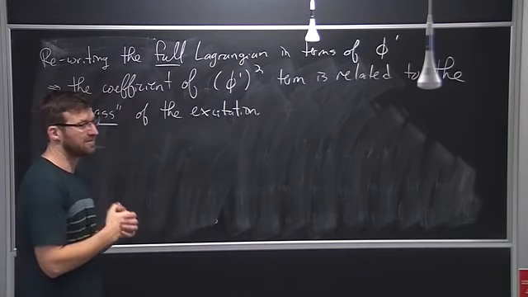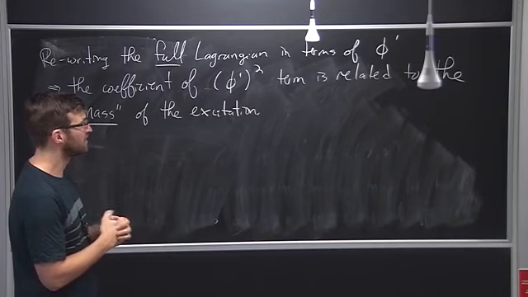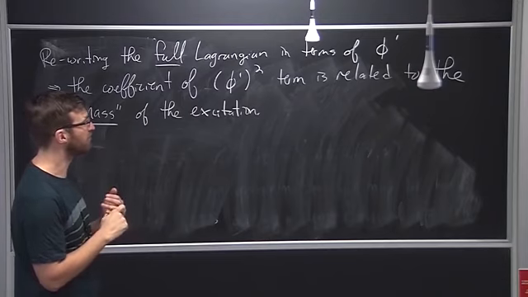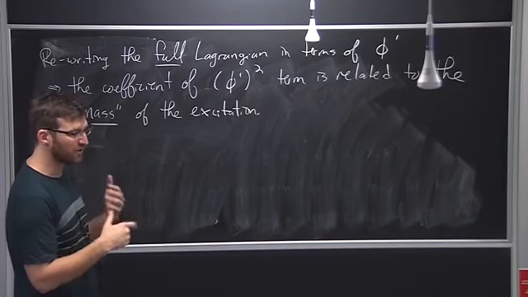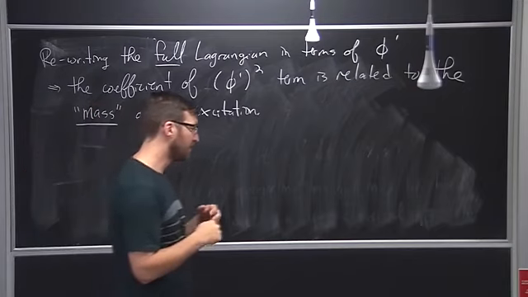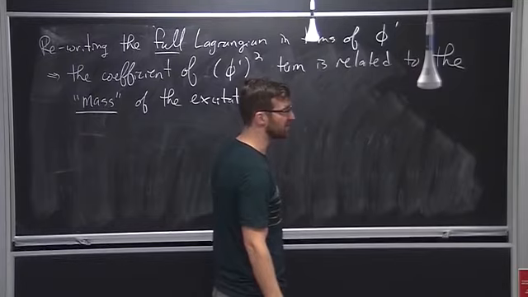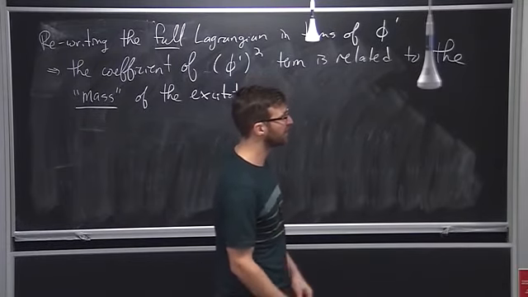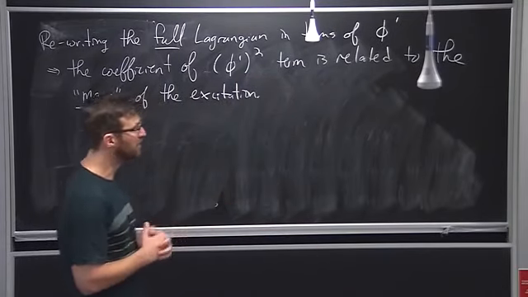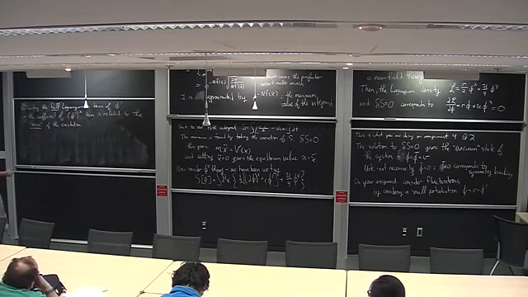Why is it a mass? That's a question we'll address now. But this is the philosophy of quasi-particle excitations, even in any quantum many-body system, even in something like condensed matter.